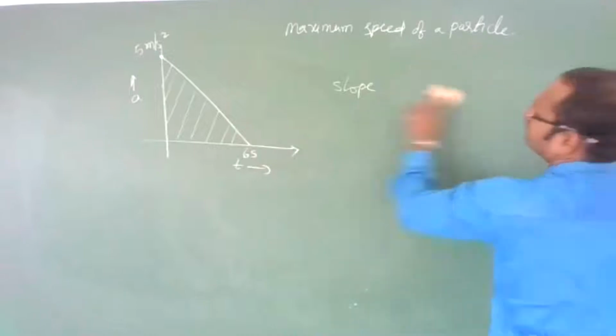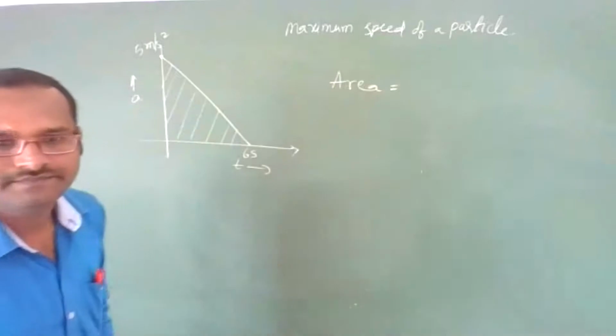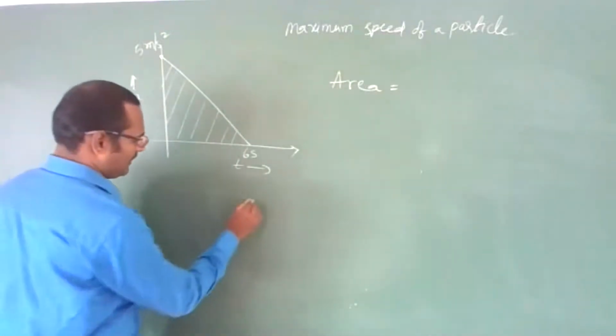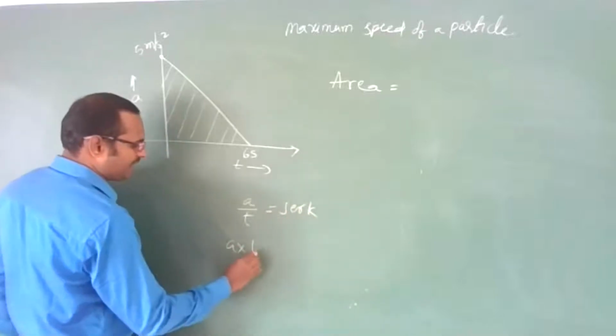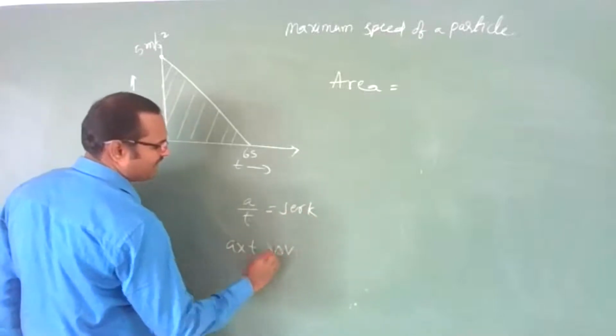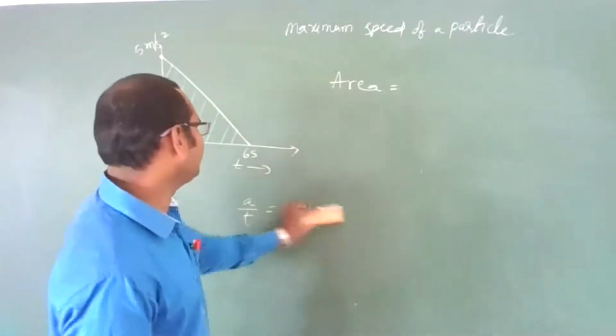We should take area. A by T gives you jerk, but area, A into T, gives you velocity, the change in velocity. So we want that velocity only, so that's why take area.